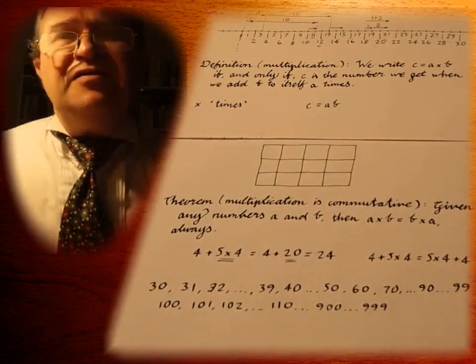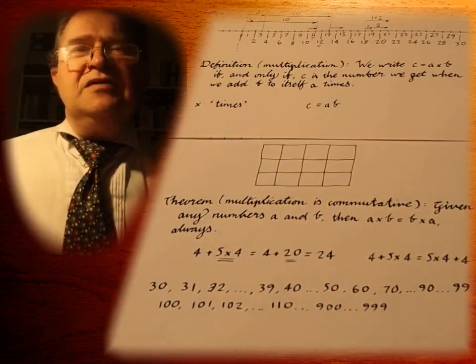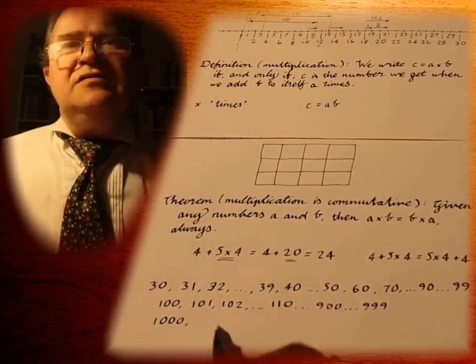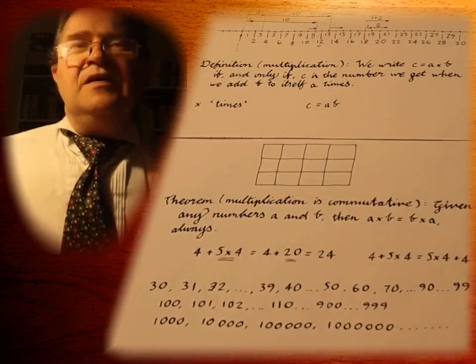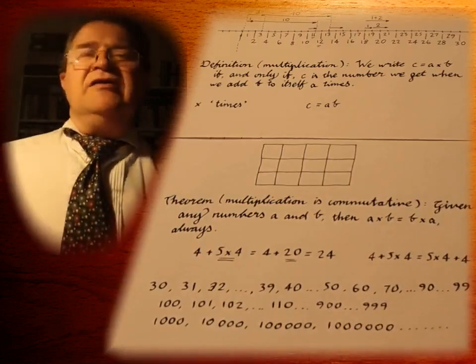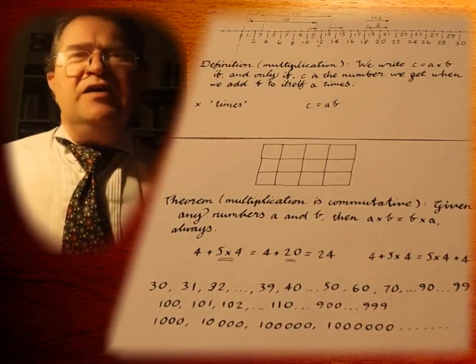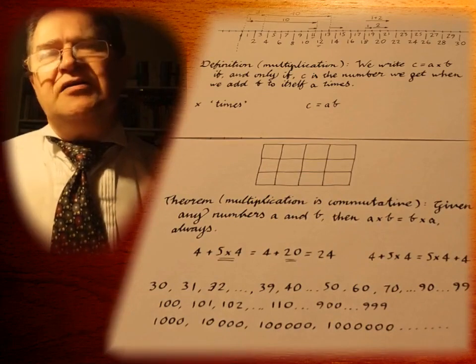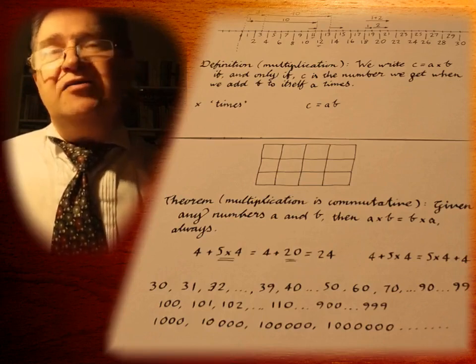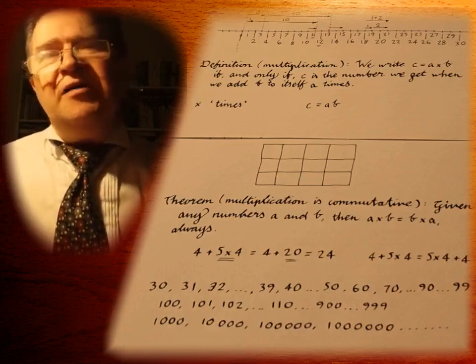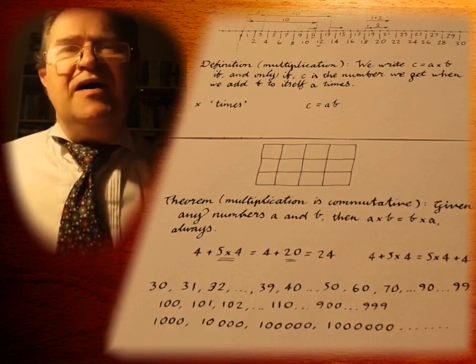And then we have 1,000, which is 10 hundreds, 10,000, 100,000, and then we get 1,000,000, and then it just gets a bit silly going on from there. But even if we're no longer interested in vocalising all the numbers, at least now we have a system by which we can write down any number, no matter, in principle at least, how large.